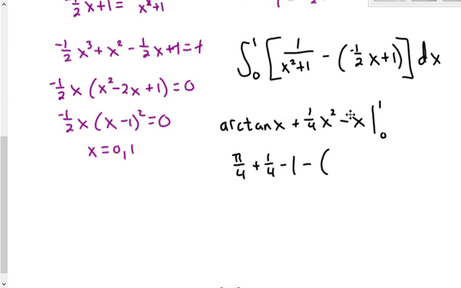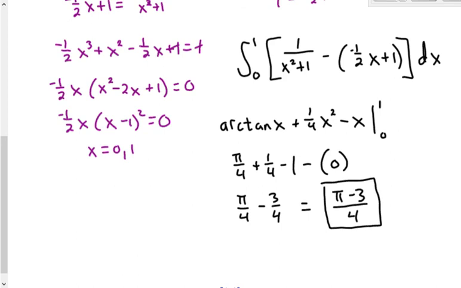This would be 0, this would be 0. That's nice. Those all turn out to be 0. So now I've got pi/4, and then 1/4 minus 4/4 would be -3/4. So I get (pi minus 3)/4. That would be the area of the region bounded by 1/(x² plus 1) and the line tangent at the point (1, 1/2).